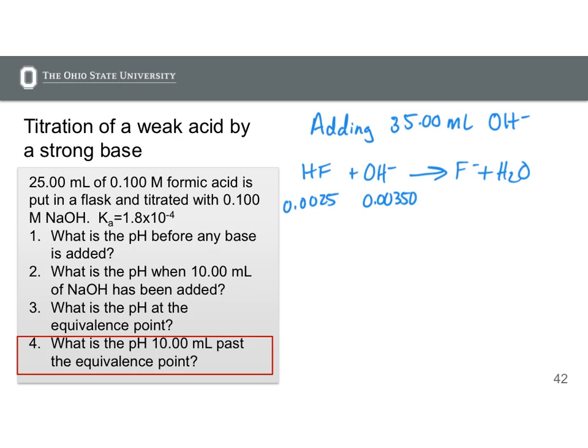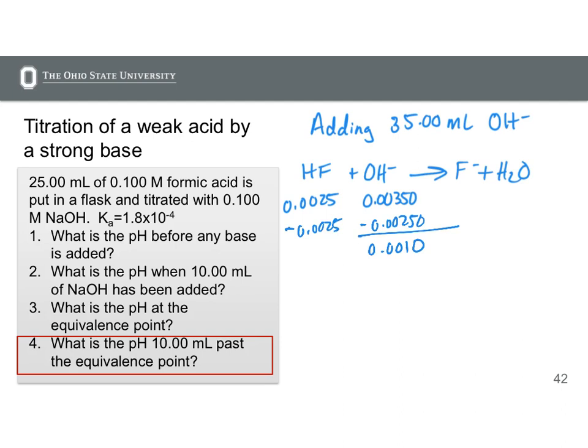Yes? Has it always been one arrow, or when did it change to one arrow? The reaction table should always be single arrow. And now our limiting reagent is HF. The important thing to note here, so we'll subtract out our 0.0025, and we'll get 0.0010.